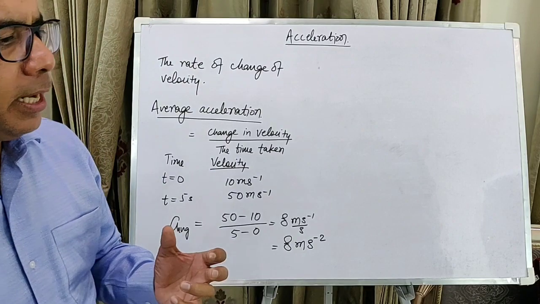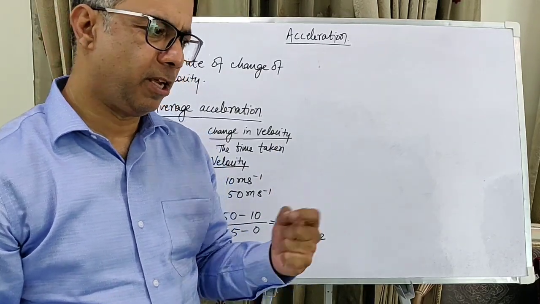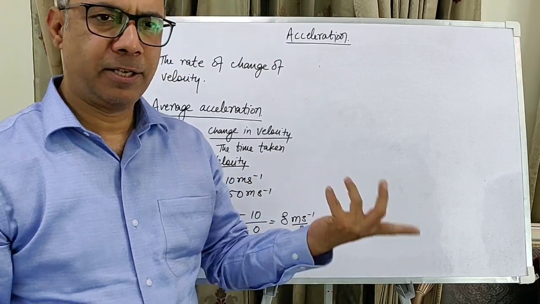Now, again, an instant is 0 time, and in 0 time there will be 0 change in velocity. Clearly that doesn't work.